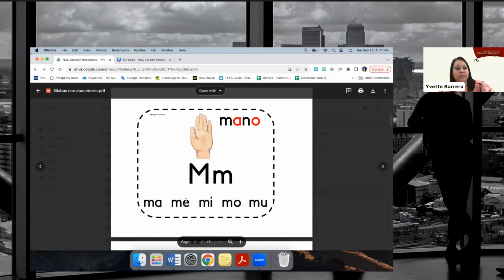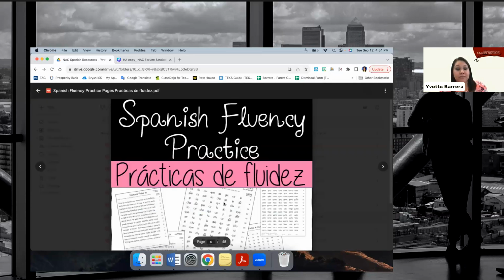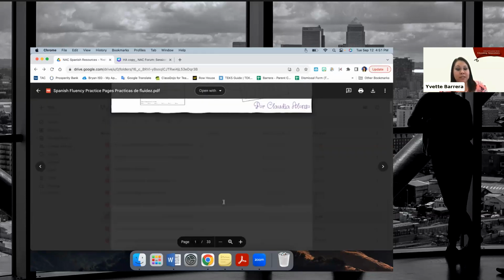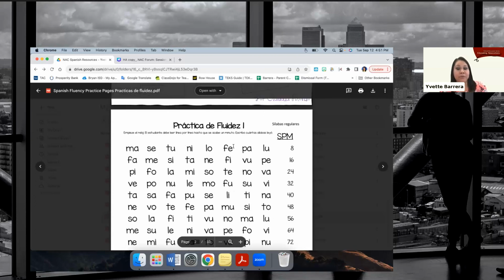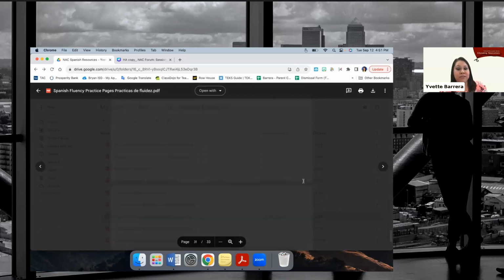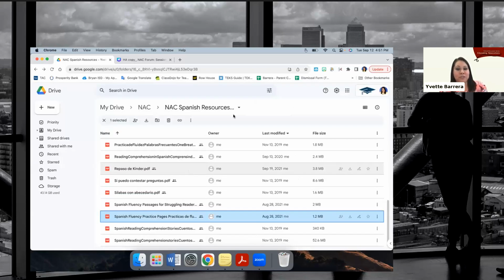That's just one example. I have my Spanish fluency resource, where it's very simple as far as the syllables, and it goes all the way through to them actually reading. Those are just a few resources.